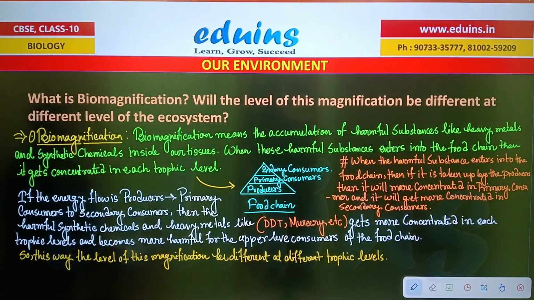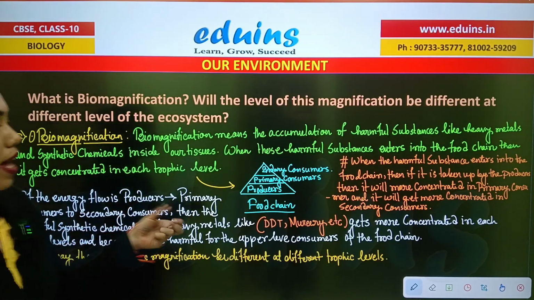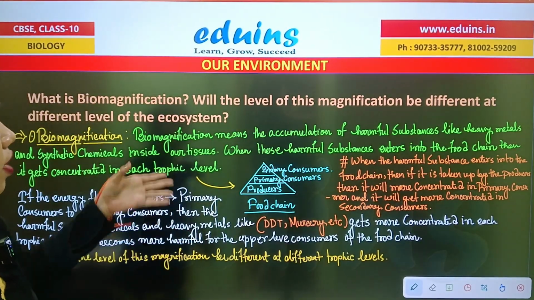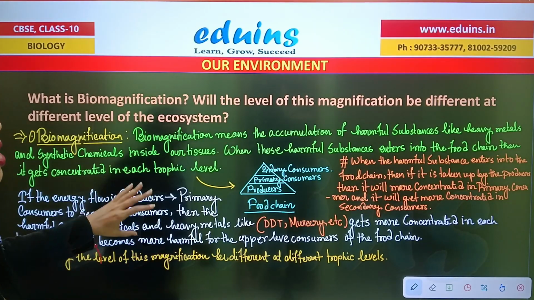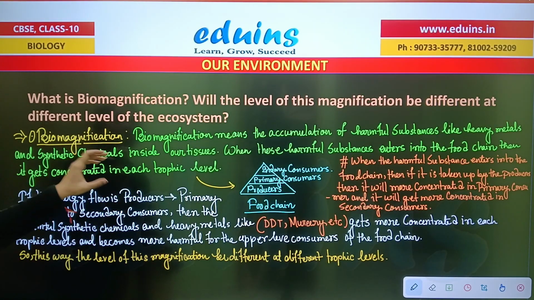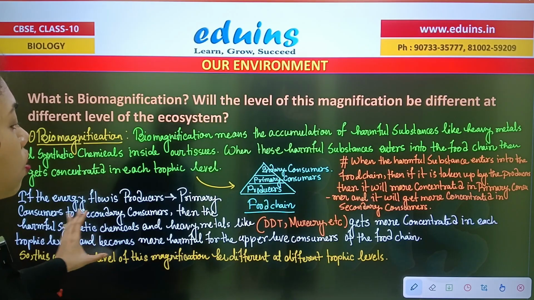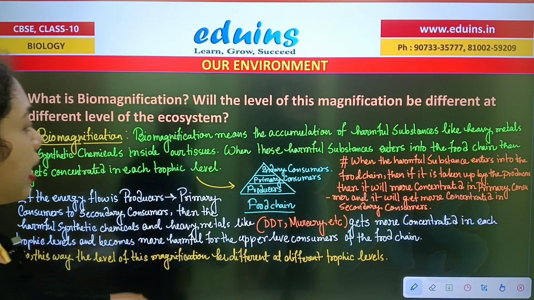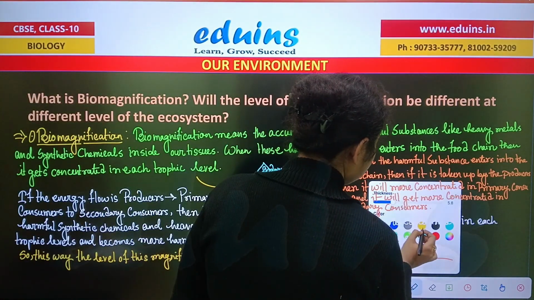Okay, so here we discussed biomagnification, and how the level of this biomagnification is different at different levels of the ecosystem. Okay, so now we have to learn about the examples. What are the examples?